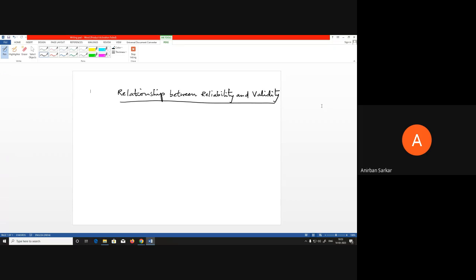So concurrent validity is a part of criteria validity. When you are thinking about criteria validity, you have to identify the criteria variables. Those criteria variables may be psychographic, demographic, attitudinal, or behavioral. So criteria validity and nomological validity are altogether different things.